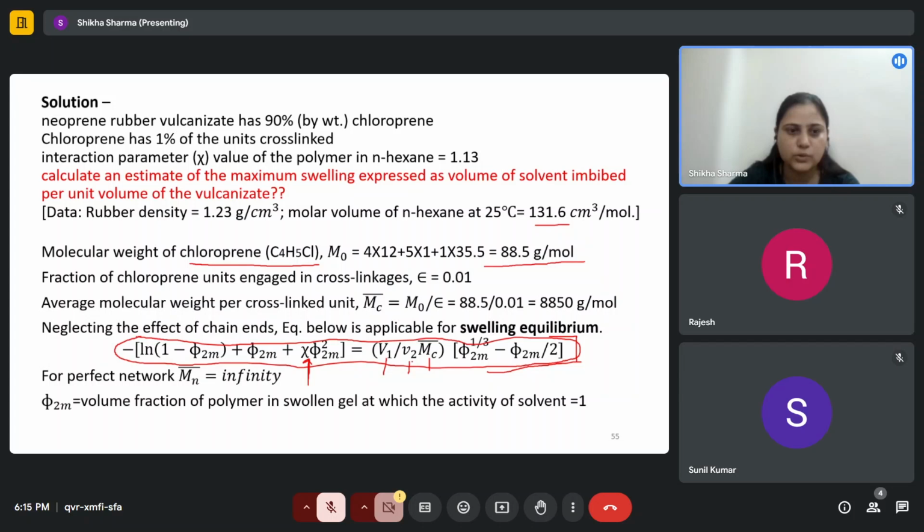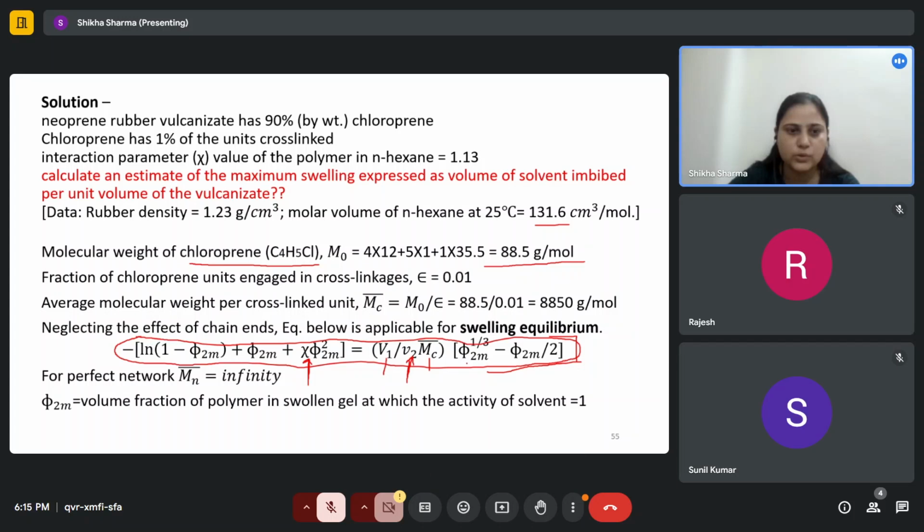We know the density of the rubber, and we calculate its volume from that. The average molecular weight per cross-link unit we calculate from the chloroprene monomer molecular weight divided by the fraction of units getting cross-linked, which is 0.01.